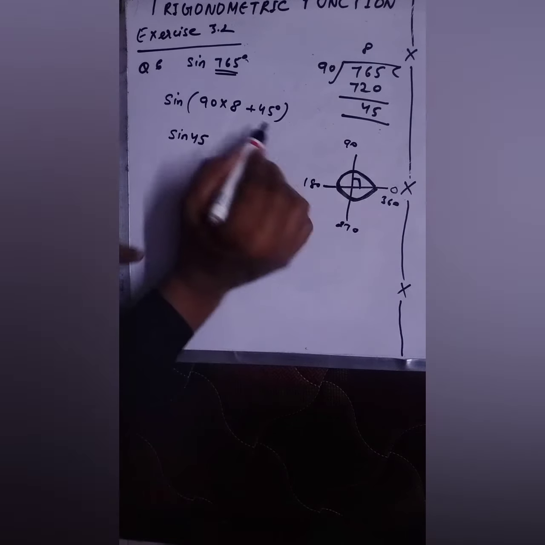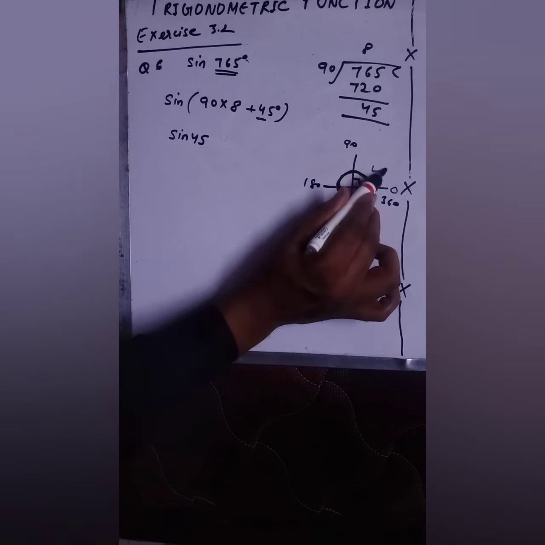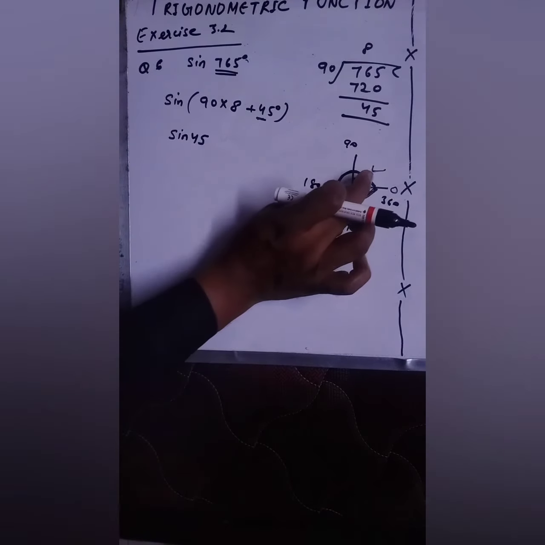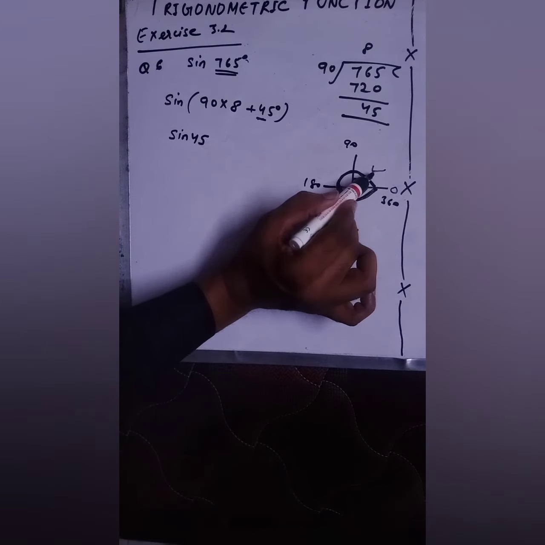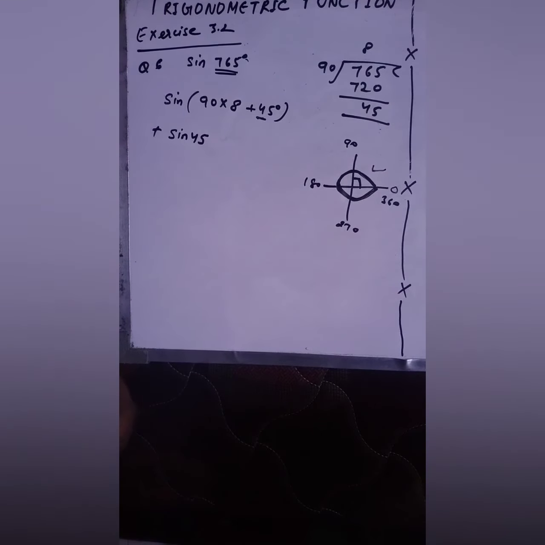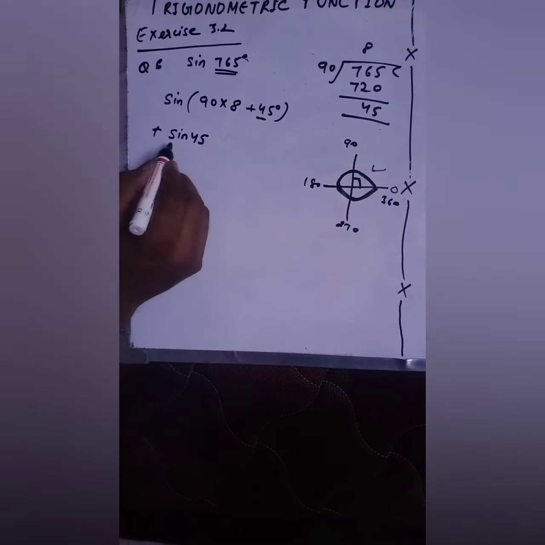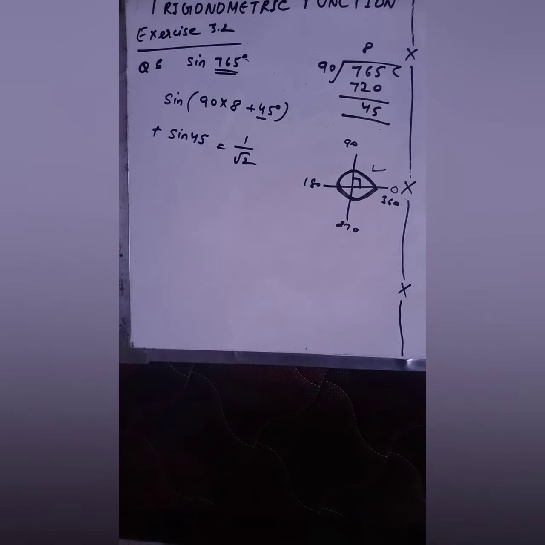Then plus 45 means if you add 45, it will come in the first quadrant. In the first quadrant, as you know, all values are positive, so this sign will be positive. So sine 45, as you know, its value is 1 by under root 2. This is the required answer of this question.